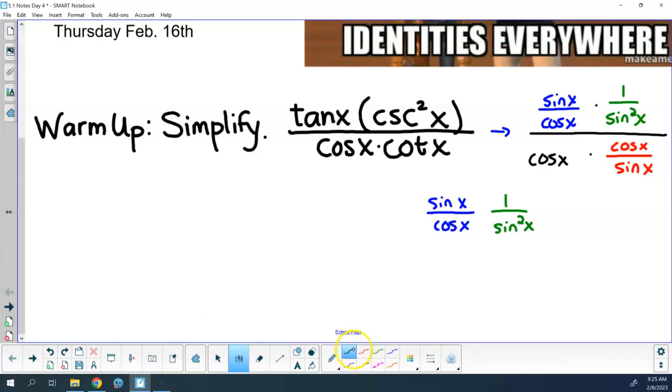That's my numerator. That was the keep part. The change part says instead of dividing, now I'm going to multiply. And then the flip, I got to flip both of those on the bottom. So cosine becomes 1 over cosine. Cosine over sine becomes sine over cosine.